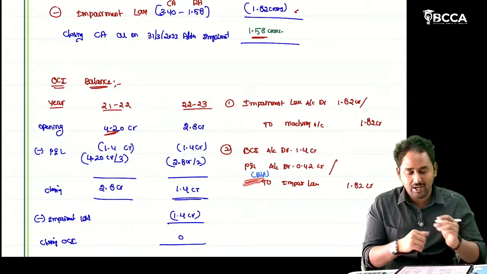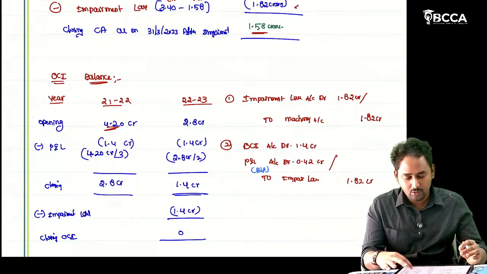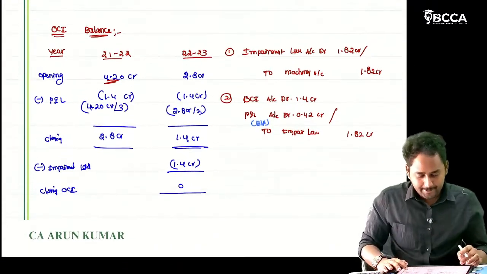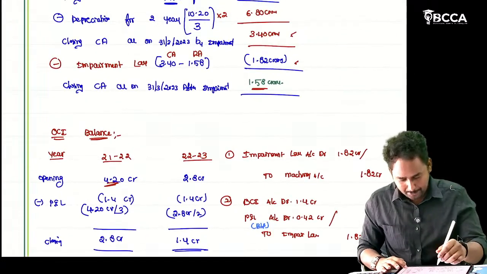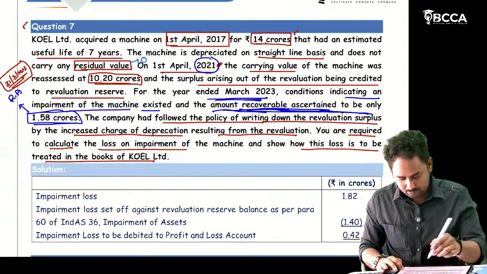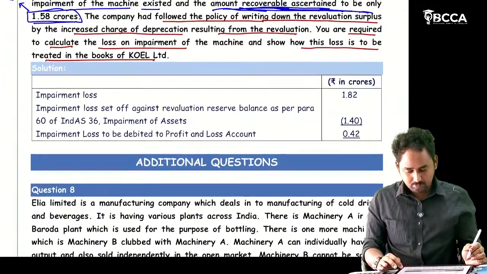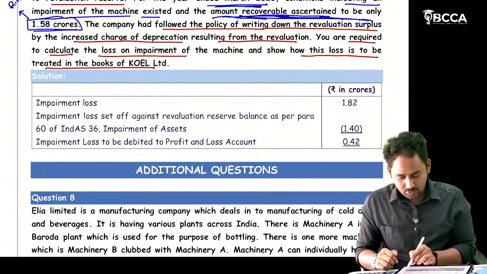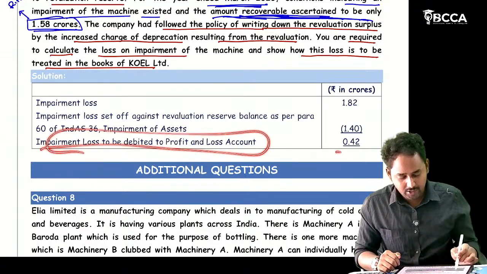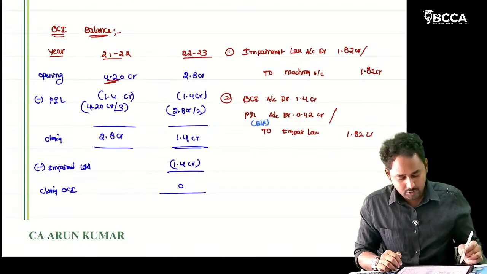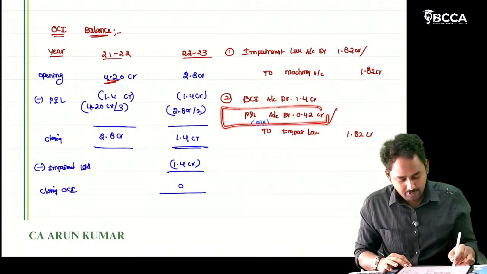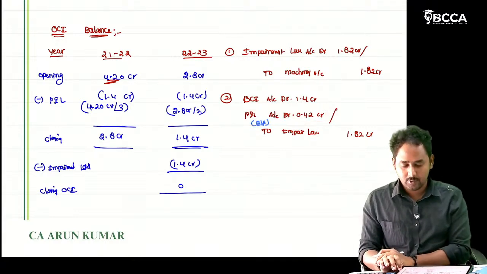This is the balancing figure. So the impairment loss to be debited to P&L is 0.42. Okay, you got it?